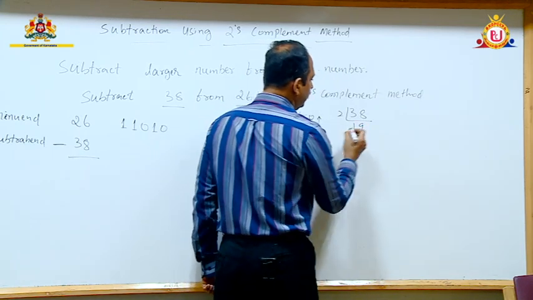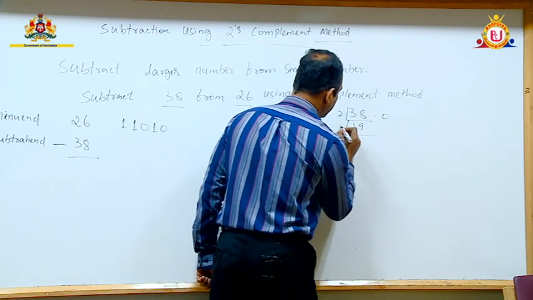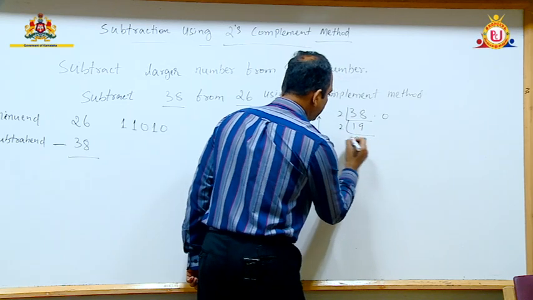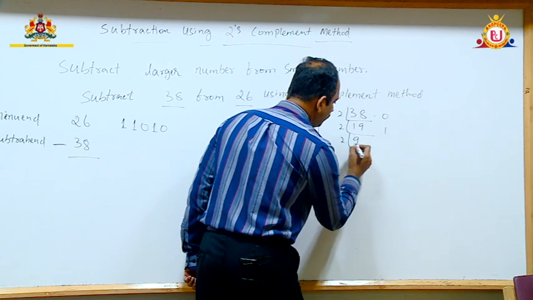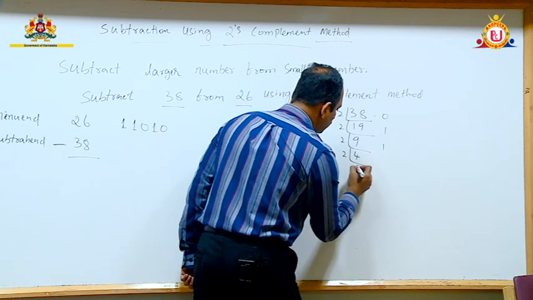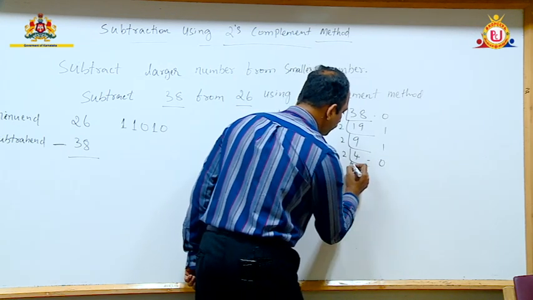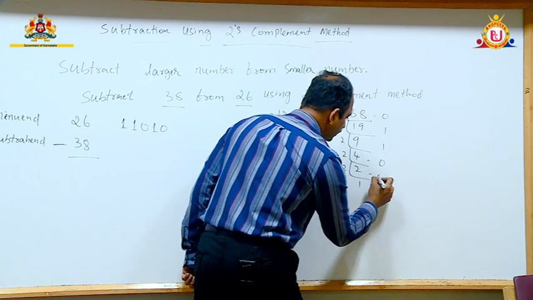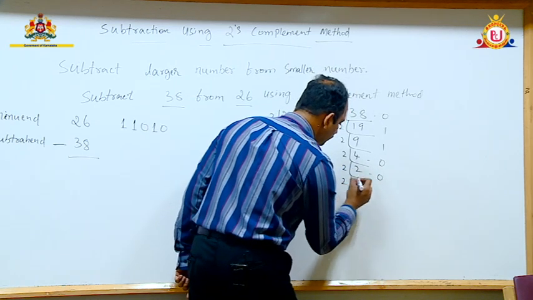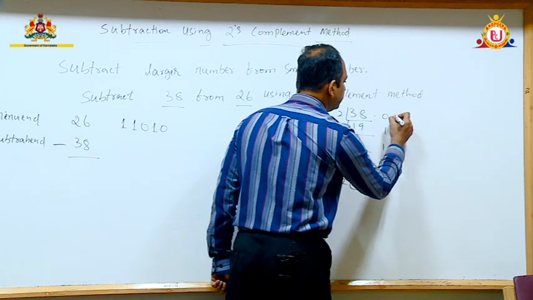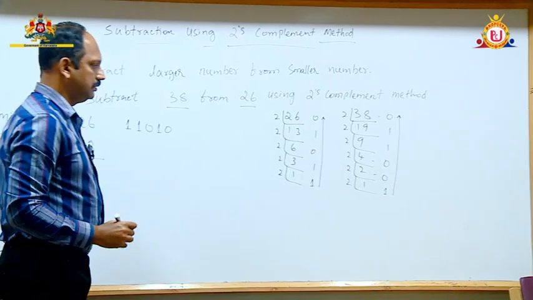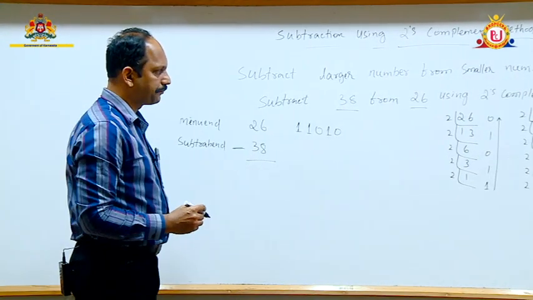2 times 19 is 38. 2 times 9 is 18, remainder is 1. 2 times 4 is 8, remainder is 1. 2 twos are 4, remainder is 0. 2 ones are 2, remainder is 0. And 1 cannot be divided, and it is written as it is, as the remainder.